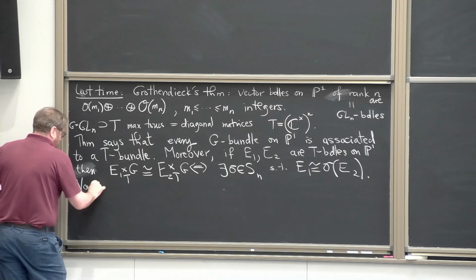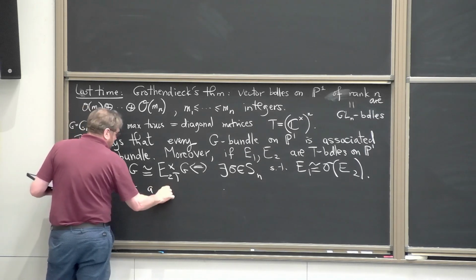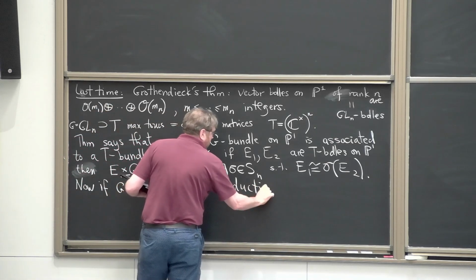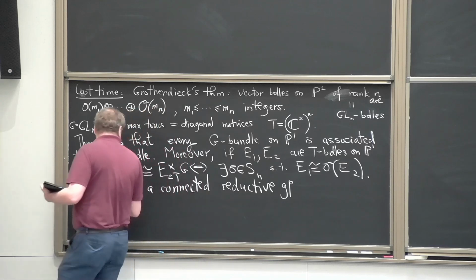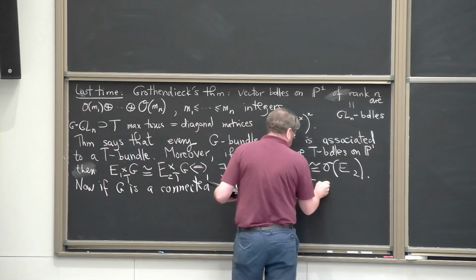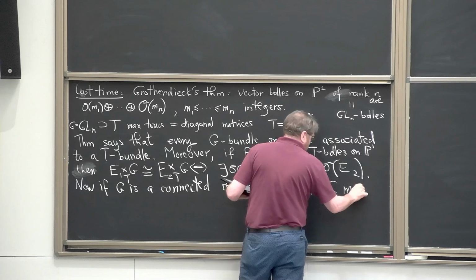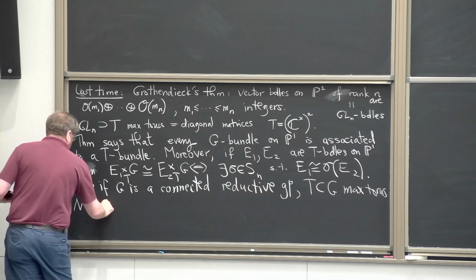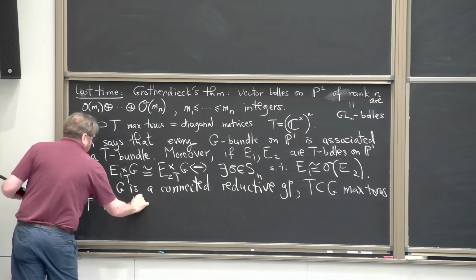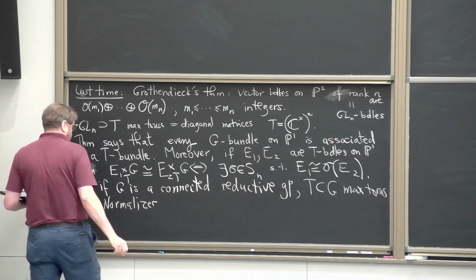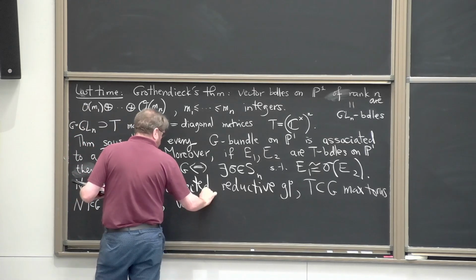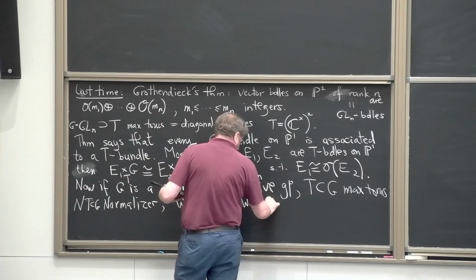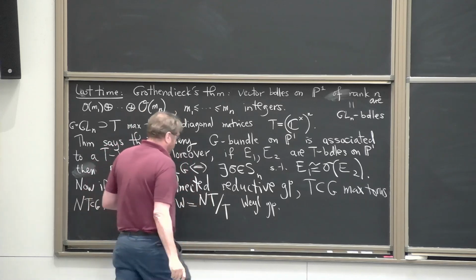So now, if G is a connected reductive group, and I'm working over an algebraically closed field right now, and T is a maximal torus, then we have the normalizer of this maximal torus inside G. And the Weyl group is the quotient of the normalizer by the torus itself. Because the torus is abelian, this group acts on T.